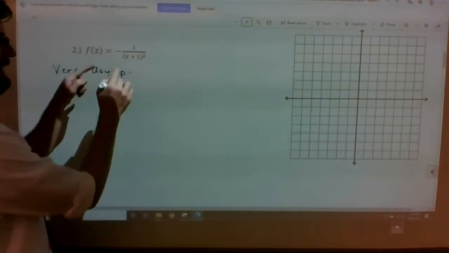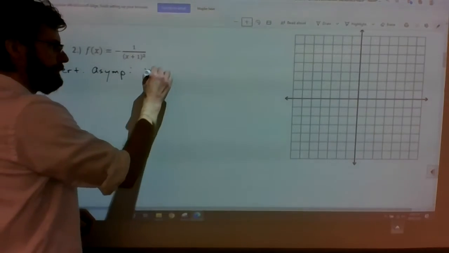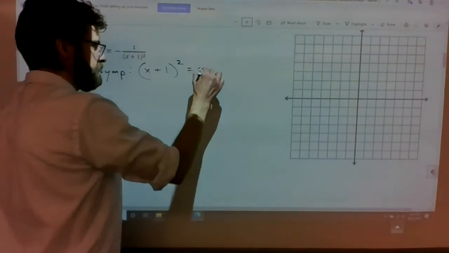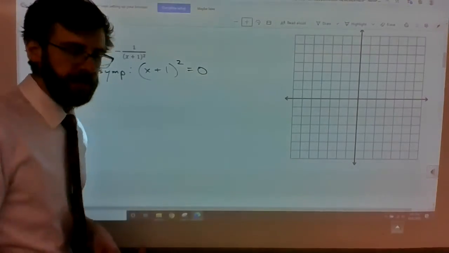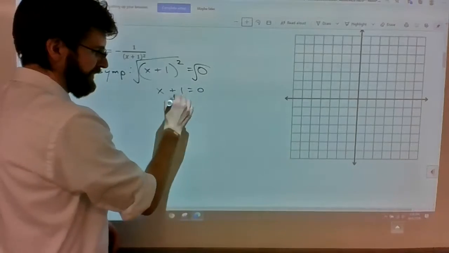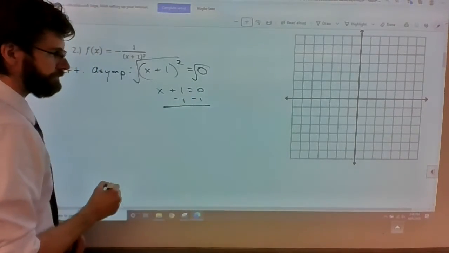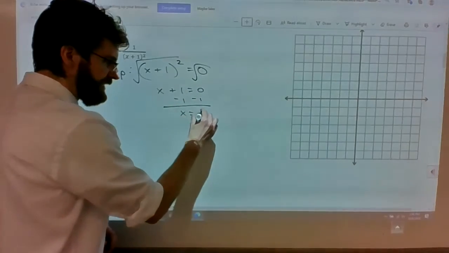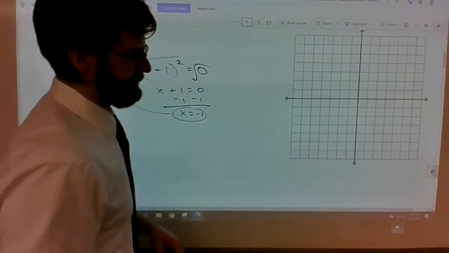Vertical asymptotes: set the bottom equal to 0. I can square root both sides, and then subtract 1. So the vertical line x equals negative 1 is a vertical asymptote.